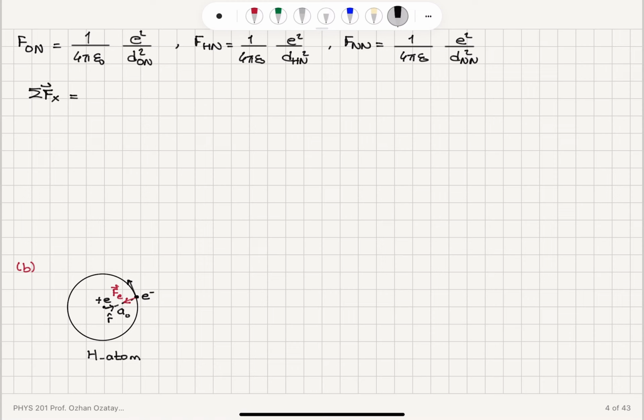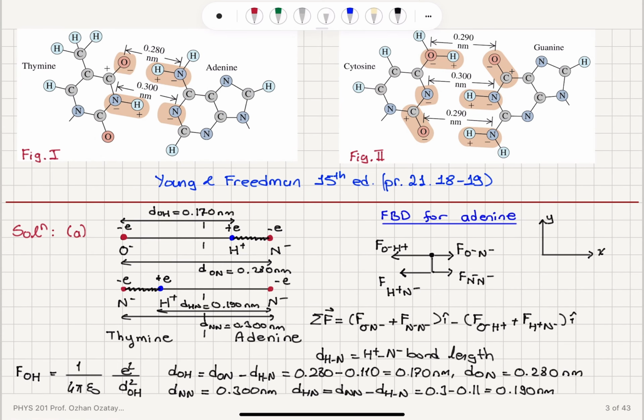So the net force on the x-axis, F_x, is going to be F_ON plus F_NN, F of O minus N minus plus F of N minus N minus, minus F_OH, O minus H plus, minus F of H plus N minus, in the i hat direction. So remember, F_OH is the force here, F_NH is the force between these two.